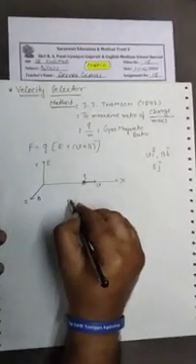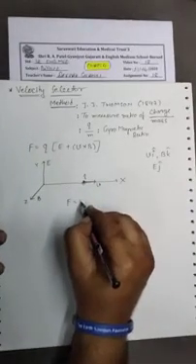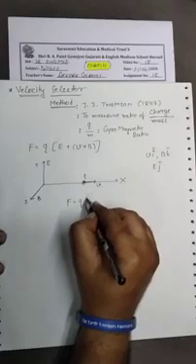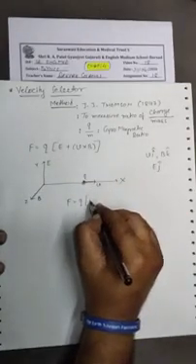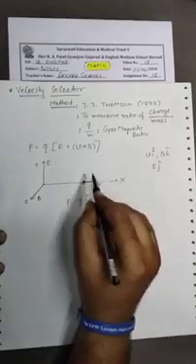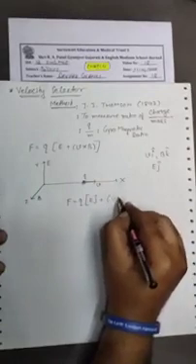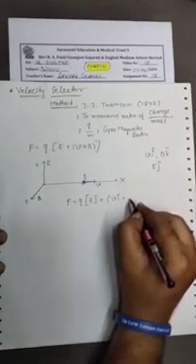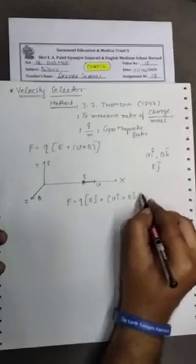So the equation becomes F is equal to Q in bracket Ej plus V cross B, that is Vi cross Bk.